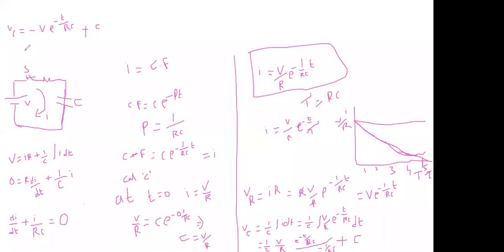Here, our aim is to calculate the C value, so substitute the initial condition.